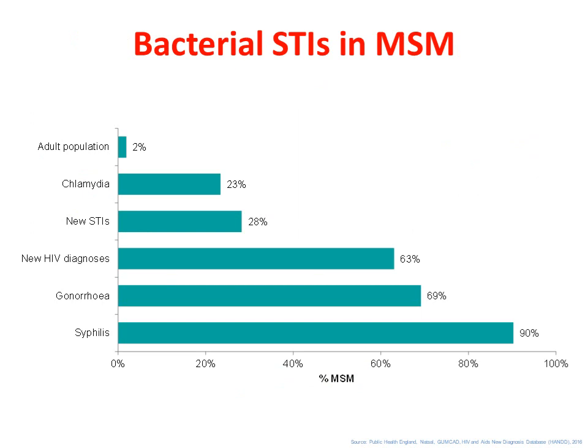Indeed, we can see from this chart that MSM are affected disproportionately by bacterial STIs. It's estimated that MSM make up between 2 to 3% of the population, but account for 23% of cases of chlamydia and 90% of cases of syphilis.